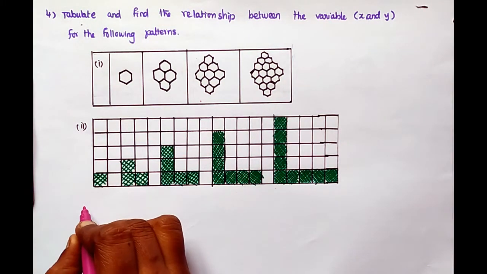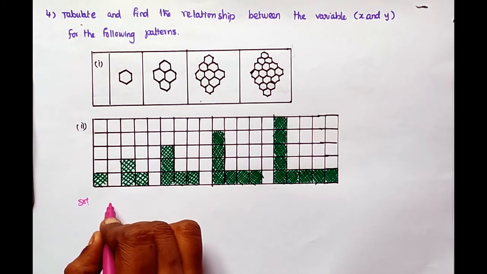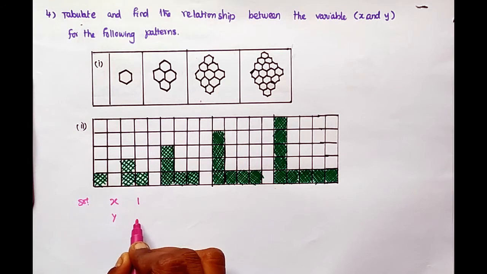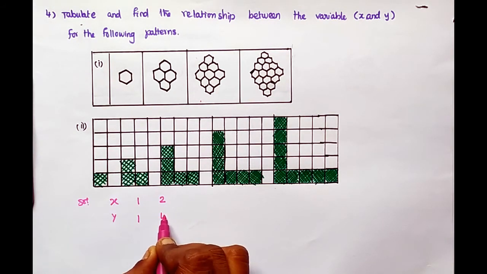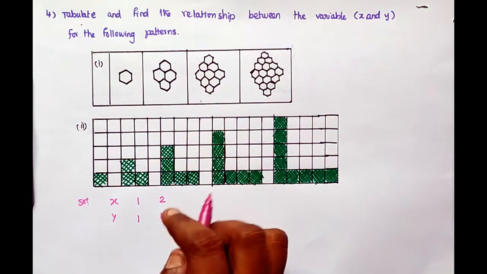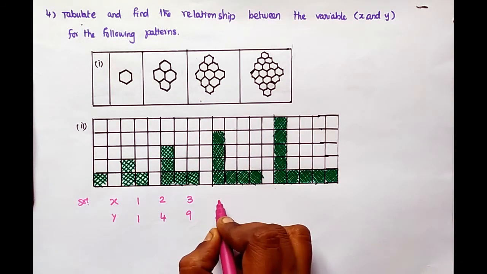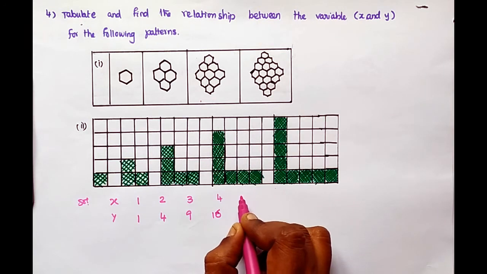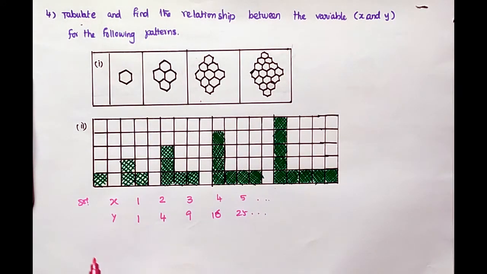So now tabulation, x, y. 1 means here also 1, x 2 means here 4, in the third part that is 9, fourth 16, and fifth one 25, like this it goes on.